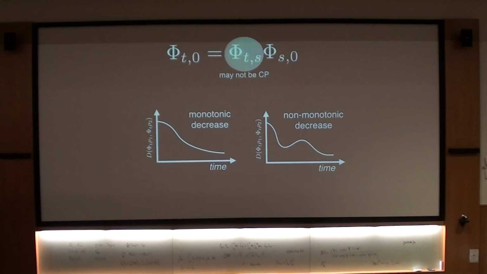If you remember the contractivity properties, a non-monotonic decrease in trace distance can only happen if I lose complete positivity on the intermediate map. So a non-monotonic decrease of trace distance tells me automatically that the dynamical map is non-divisible. This is not an if and only if condition, it goes only in this direction.